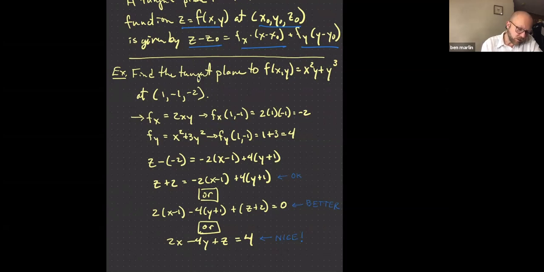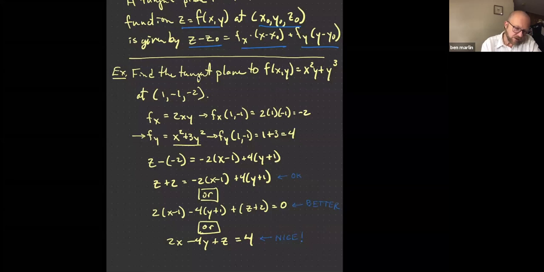Then we come back here and do our f sub y, okay? The f sub y that we're doing here just turns out to be x squared plus 3y squared.